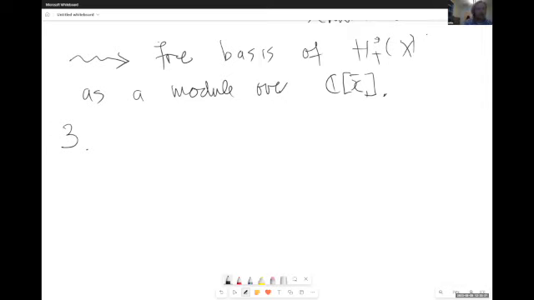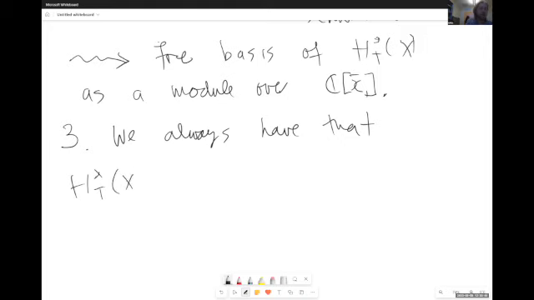So third, even if we don't, if X is a GKM space, we always have that H_T star of X is free.